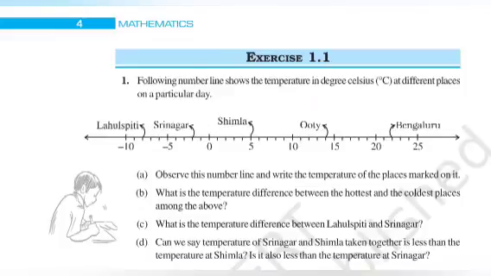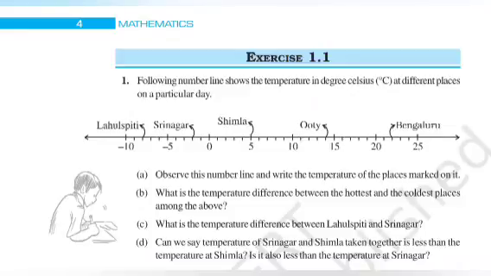So in order to find it, 22 minus minus 8, so minus, minus equals plus. So 22 plus 8 equals 30 degrees. So the difference between both places is 30 degrees Celsius.